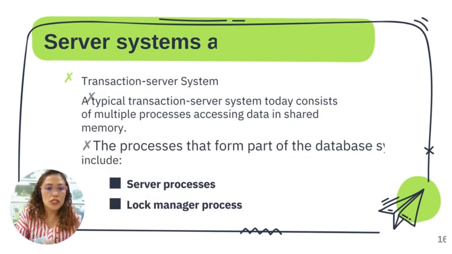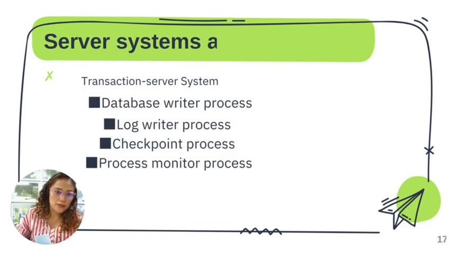So usually when you say transaction server system, it consists of multiple processes accessing data in shared memory. The processes that form part of the database system include the server processes and the log manager processes.